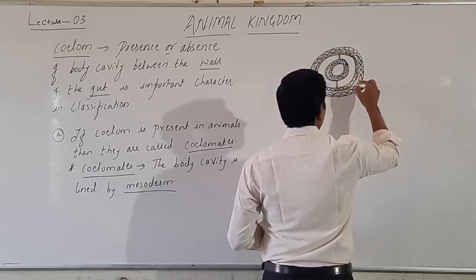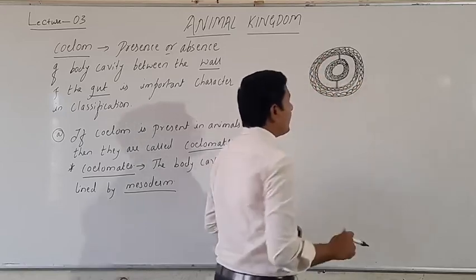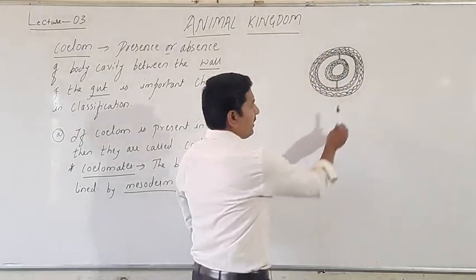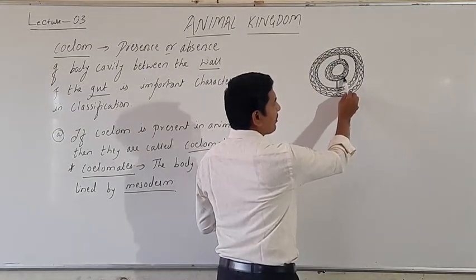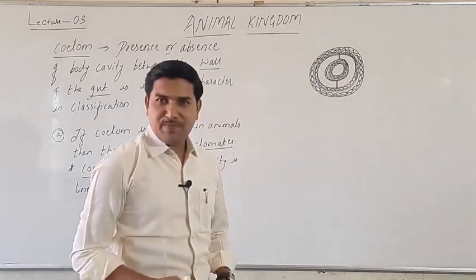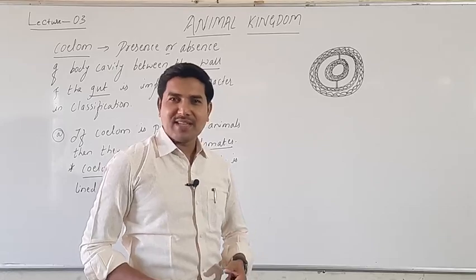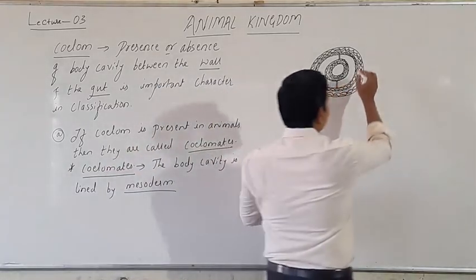These are the ectodermal cells. Look at this: this is the ectoderm, this is the middle one, mesoderm, this is also mesoderm, and the inner one is endoderm. So all three germ layers are there. But here we have a space cavity. This cavity is called the coelom.